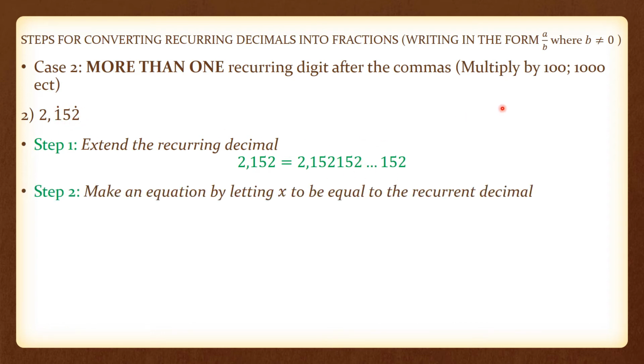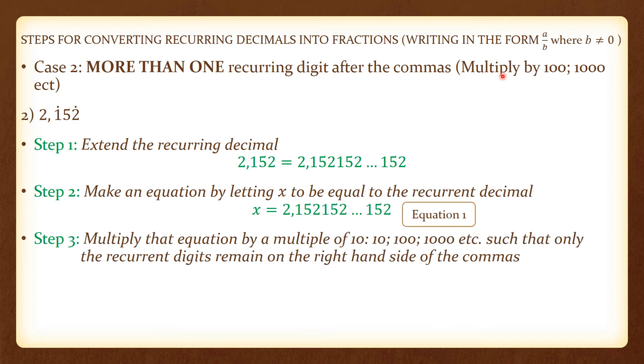Step 2, make an equation by letting x equal to the recurring decimal. So x equal to all these. That makes x equal to 2.152 repeating indefinitely, and we call it equation 1. Step 3, multiply that equation by a multiple of 10, meaning 10, 100, 1000, etc., such that only the recurring digits remain on the right hand side of the decimal point.